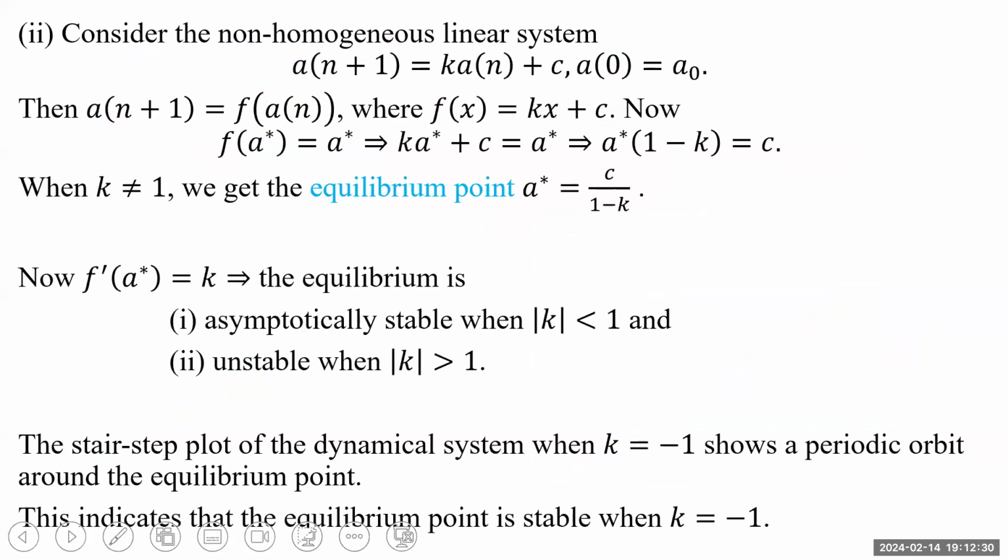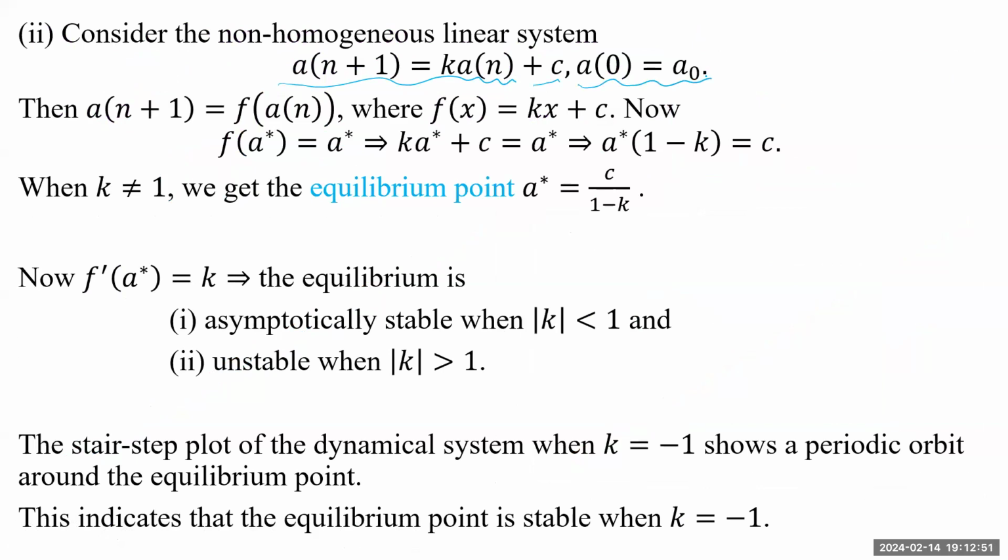So that is the case of the homogeneous system. And similarly, we can see the non-homogeneous linear system. The same thing: a of n plus 1 is equal to k a_n plus c, and a of 0 is equal to a naught.